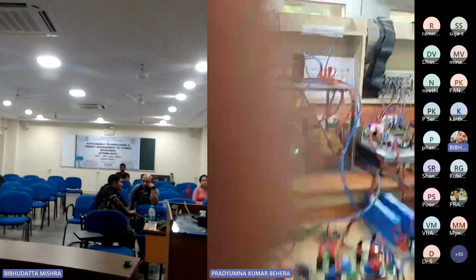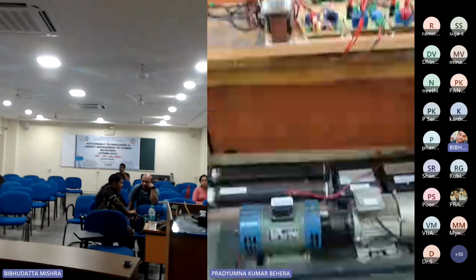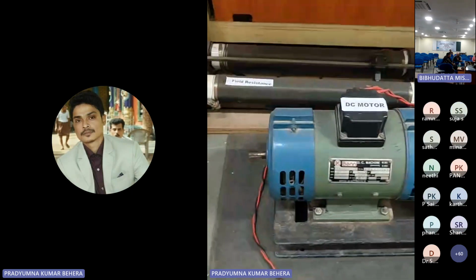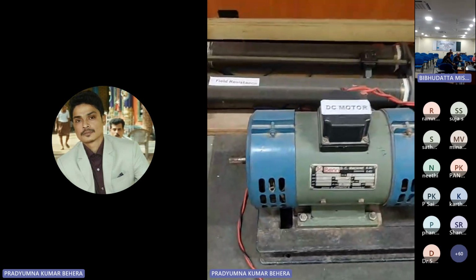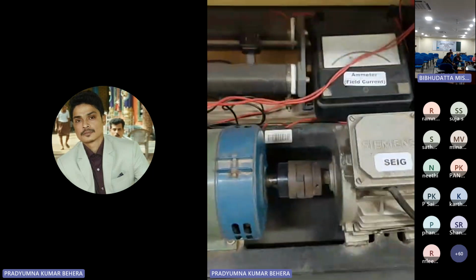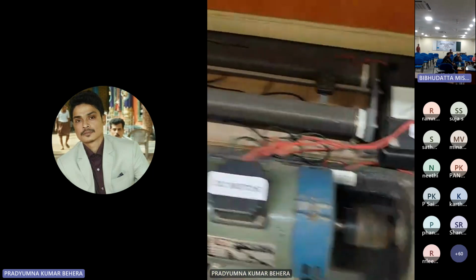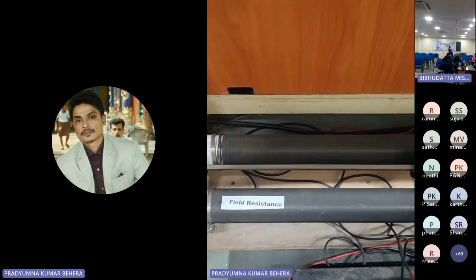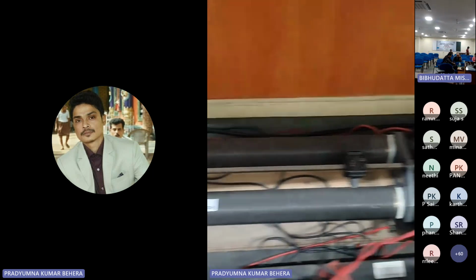So now I will introduce you to the DC motor and SEIG set. Here you can see this blue one is the DC motor and this silver-colored one is the self-excited induction generator. This one is the field resistance of the DC motor.